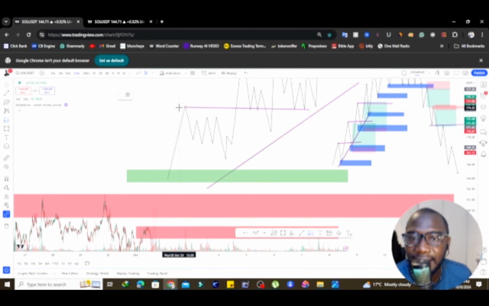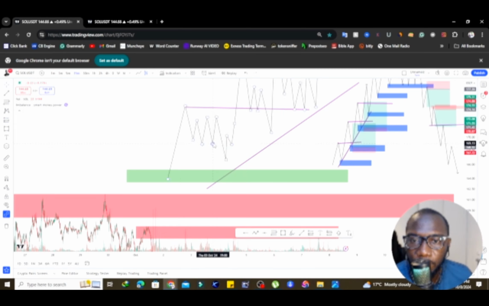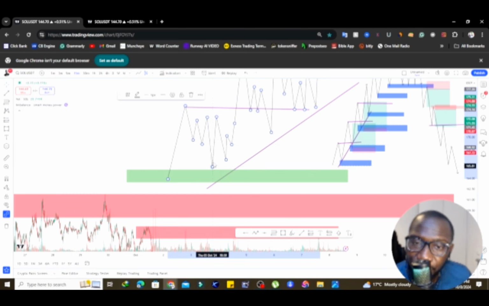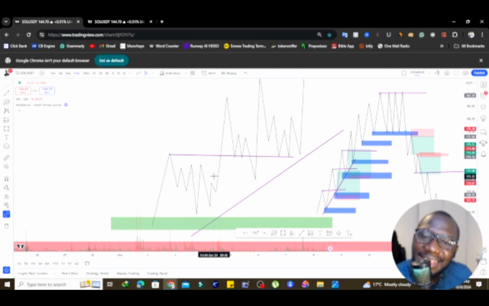So the market can decide to move from this place to this point before going up. And as far as it did not break this key level, this low here, then it creates a higher high. It is still an uptrend.